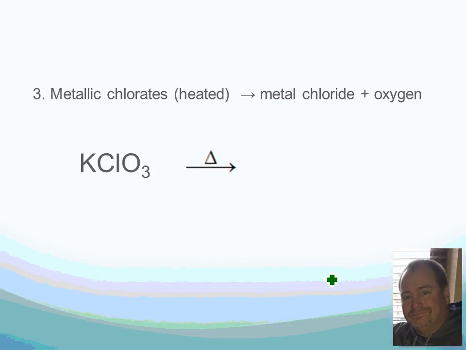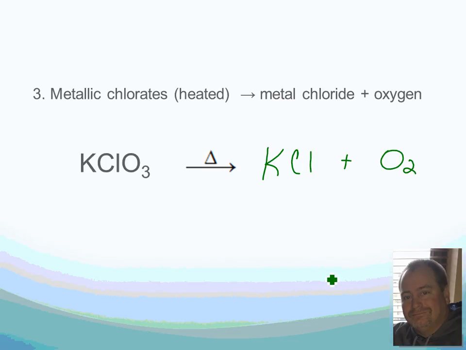If I heat that, what is my metal chloride formed? Potassium chloride. What charge is potassium? 1 plus. What charge is chlorine? 1 minus. K, Cl. And oxygen. What's oxygen? O2. It's a super 7.